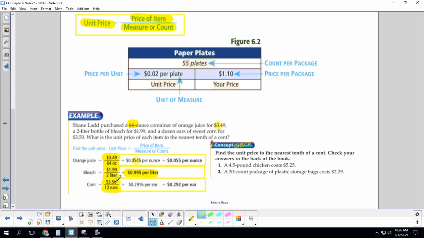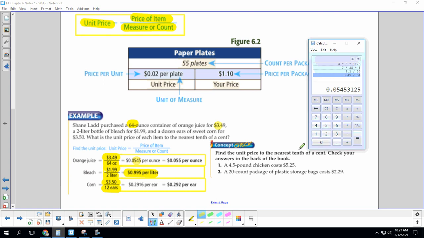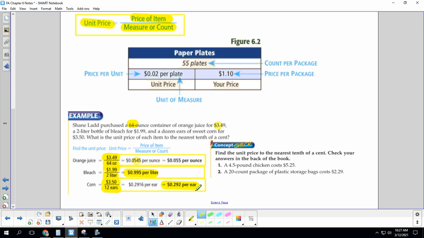We divide 3.50 by 12, and we get 0.29166 repeating, and we are going to round to the nearest tenth of a cent. So go to the penny and go 1 beyond. The 1 is either going to stay 1 or it's going to round up. Because we have the 6, it rounds up to 2.